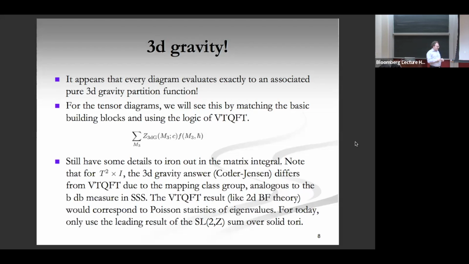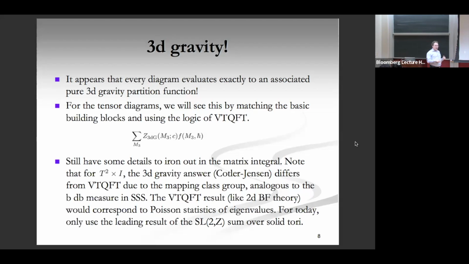The matrix annulus diagram is like the double trumpet of Saad-Shenker-Stanford in the JT gravity story. In the 3D case, that's like a manifold T2 times an interval. If we compute the trace e to the minus beta h, where h is delta, then that's the manifold with two copies of trace e to the minus beta h, the 2-point function of the spectral density, that's T2 times interval.